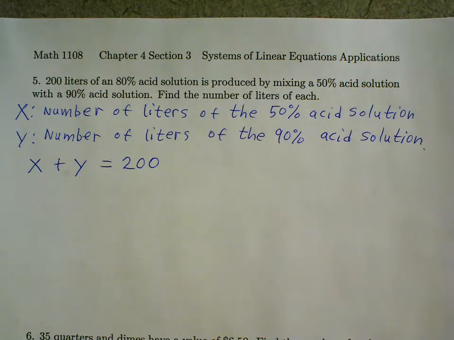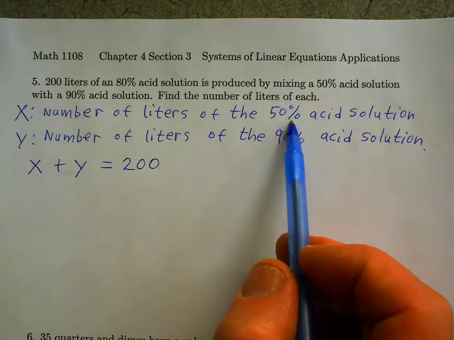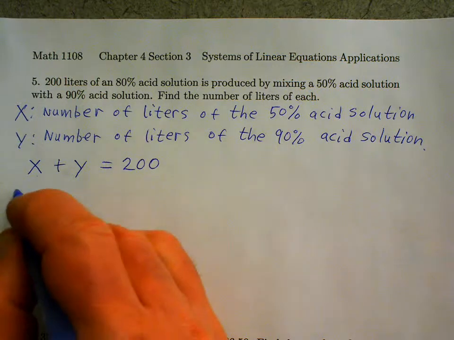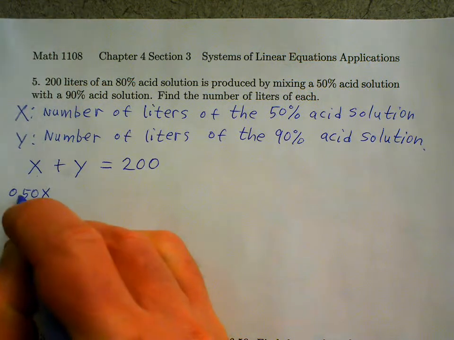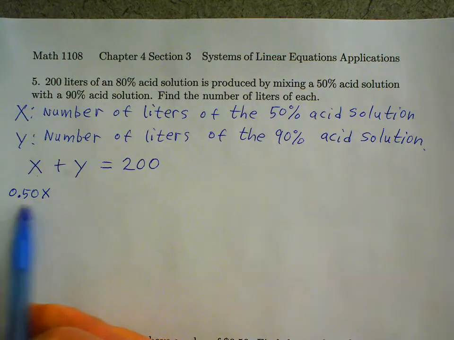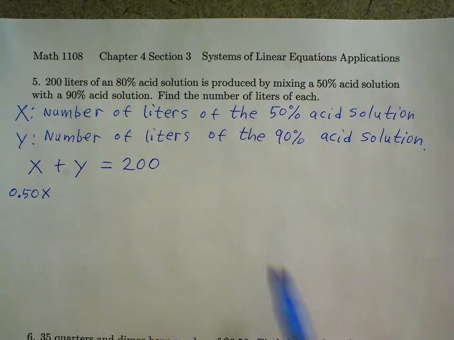Well, we multiply the decimal form of the percent times the number of liters. If X liters is 50% acid, then we multiply 0.50 times X. This represents the amount of acid that's in the X liters of the solution.